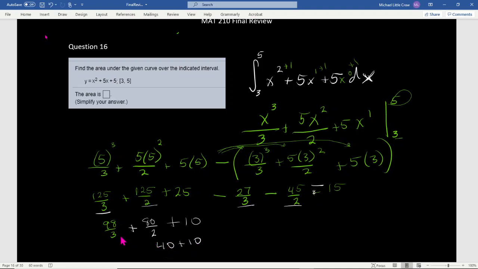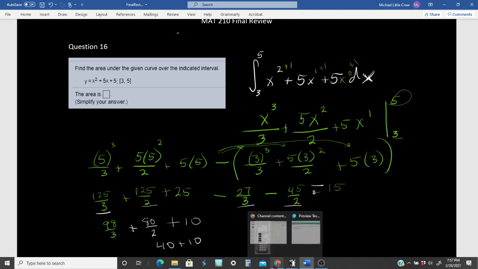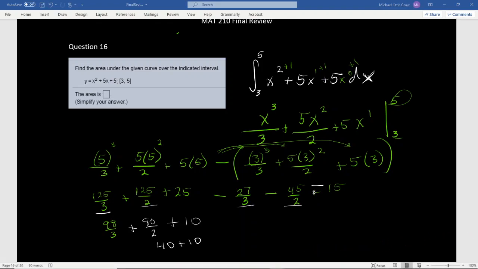98 divided by 3 is going to be a decimal. They don't say use a decimal. Let me take a quick peek. I just want to make sure I'm helping you learn to be able to give the answer in the way that they are wanting the answer given. So this is 16. See if they'll take a decimal or not. The example they gave me is an integer value. Let's see. 5 times 5 is 25. That's 125.